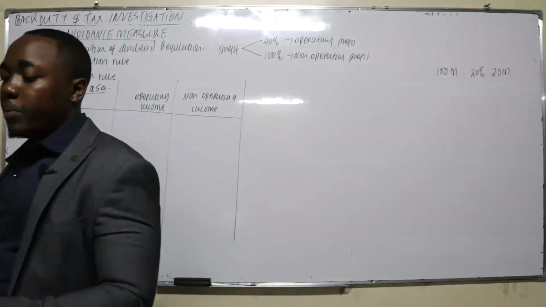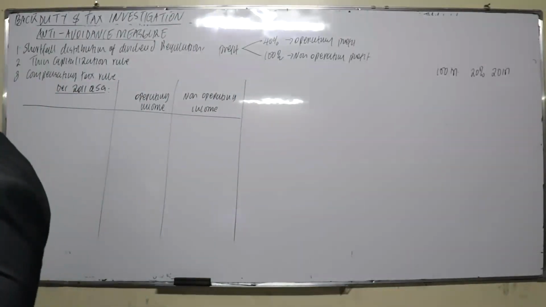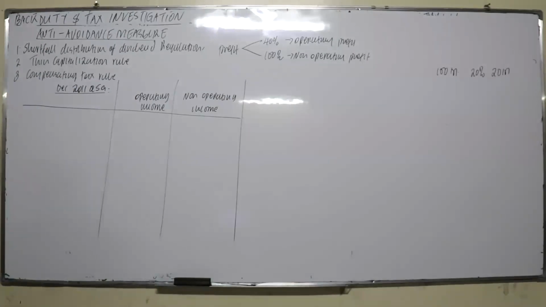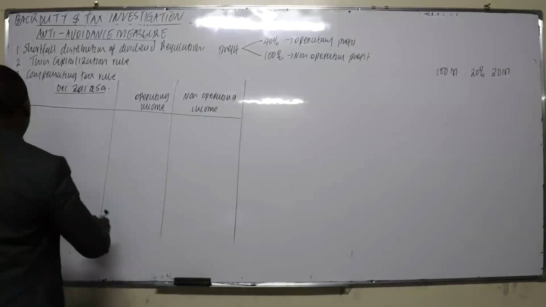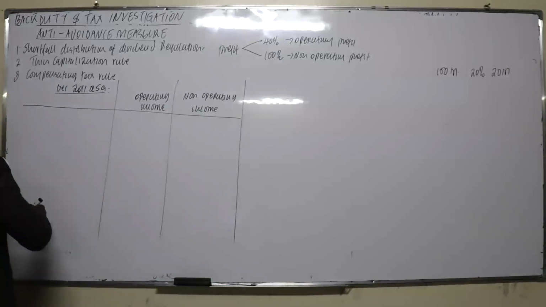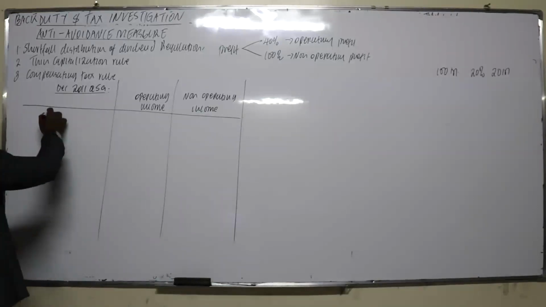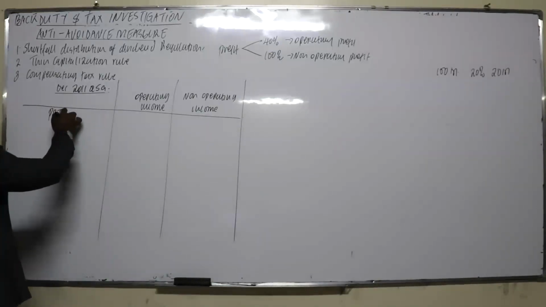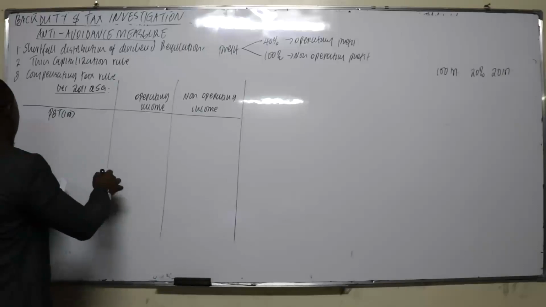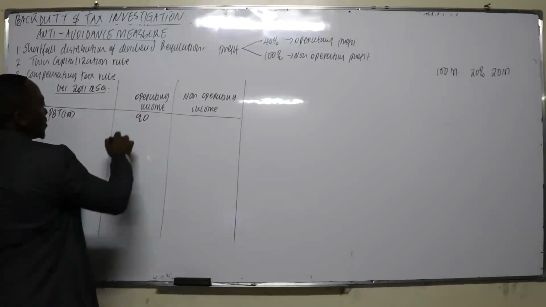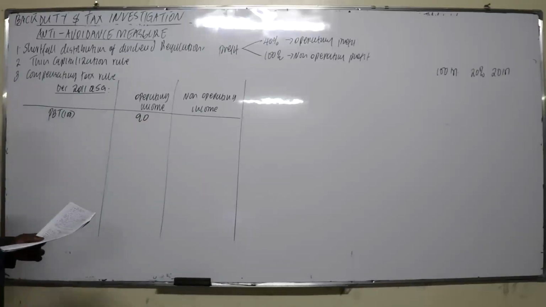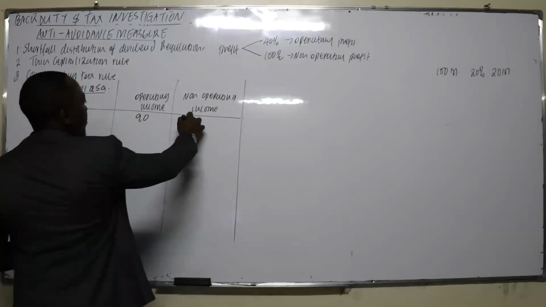Profit before tax was 100 million, which comprised 90 million from operating activities and 10 million from investment income.